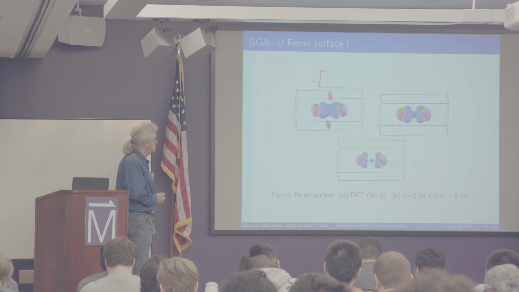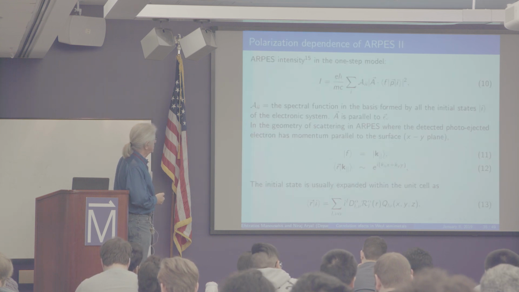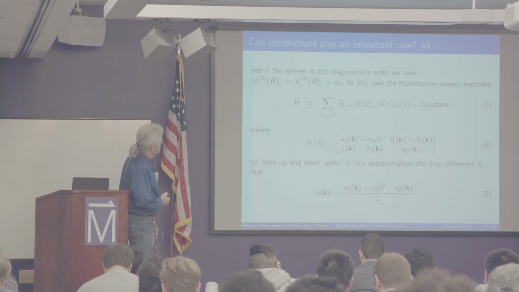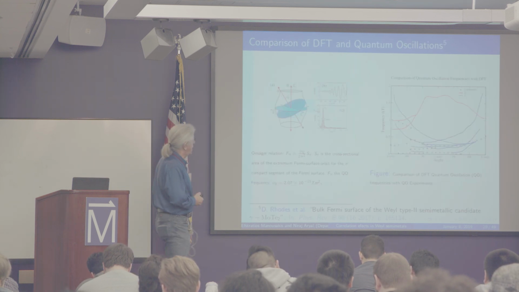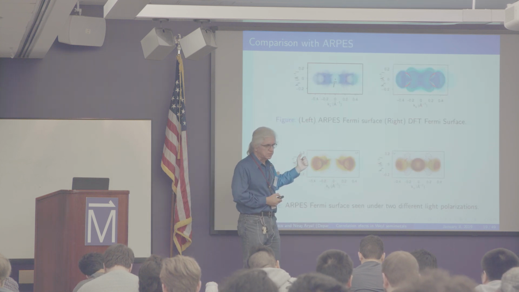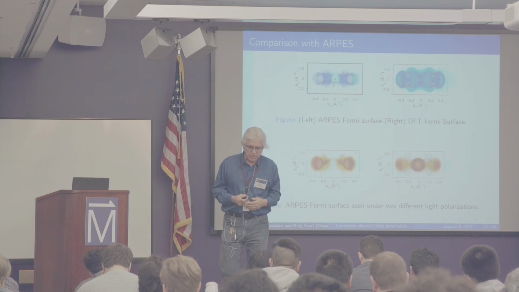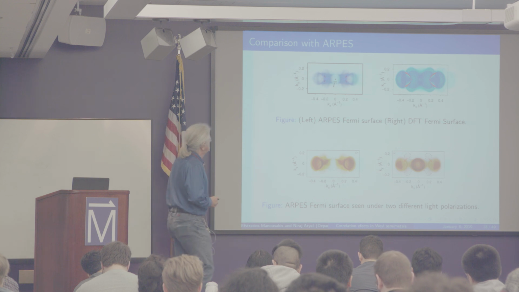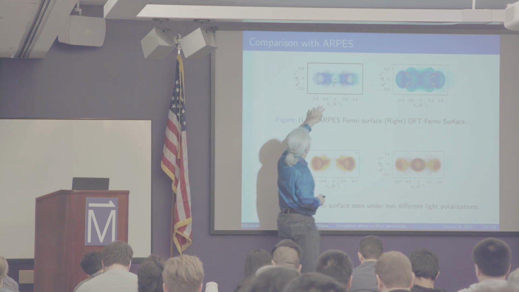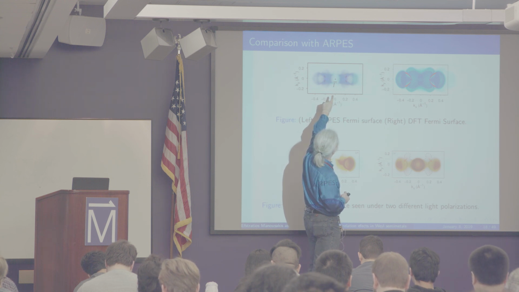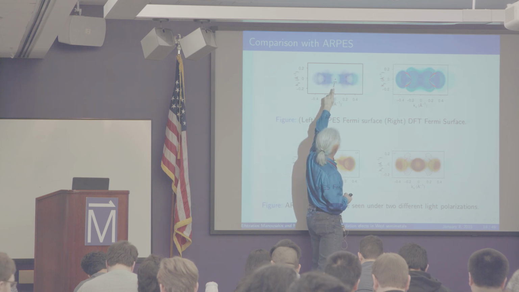And you have more serious problems like this problem, which I pointed out to you, that even ARPES has polarization dependence. How can we understand this polarization dependence? As I said, ARPES has this structure that looks like ears with a head, but with the light polarization vertical there is no head in the center.